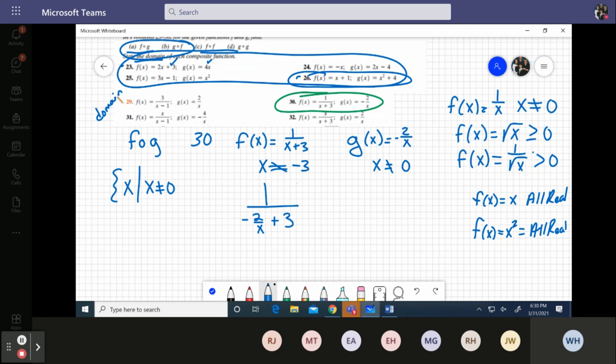Set that equal to 0. Negative 2 over x equals negative 3, multiplying by x.